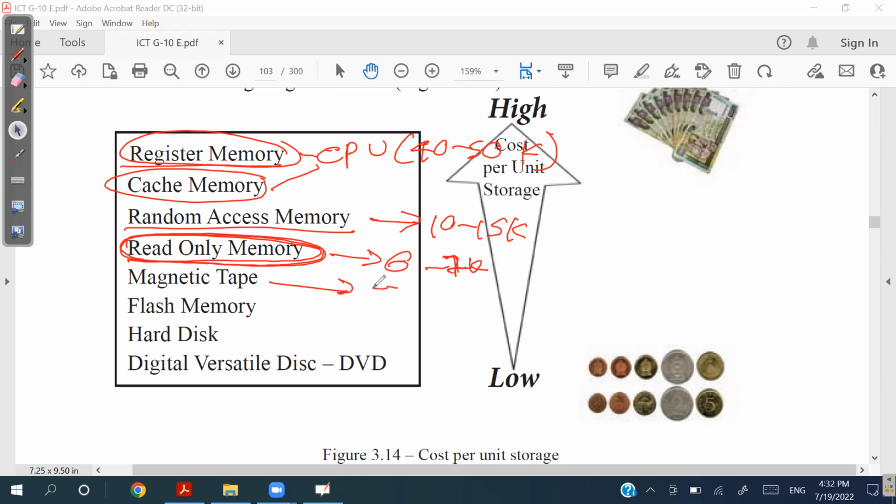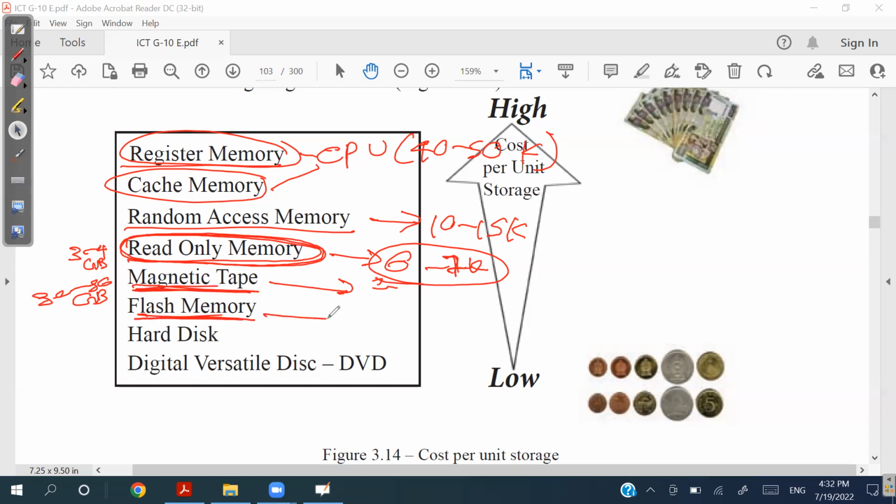Magnetic tape will give you the same kind of cost, but it is bigger in capacity. When the read-only memory gives you 3 to 4 GBs, magnetic tape will give you 30 to 50 GBs. So cost per bit will be lesser in the magnetic tape.